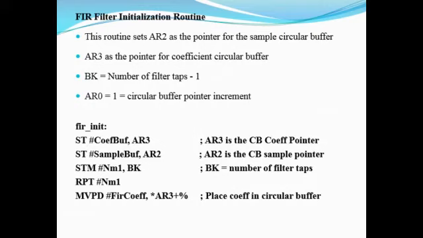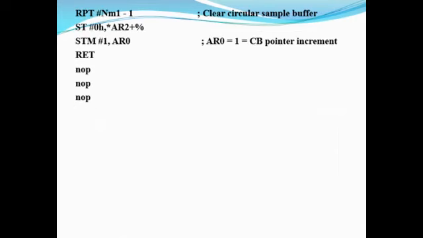Here we are going to increment, because whatever values are stored in AR2 are stored in consecutive memory locations, and one after the other the data has to be retrieved from that particular memory location, which may be a sample set or a coefficient set. So we require the increment operation to be done. Then this is a subroutine that we have written.